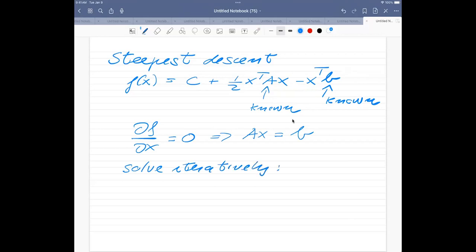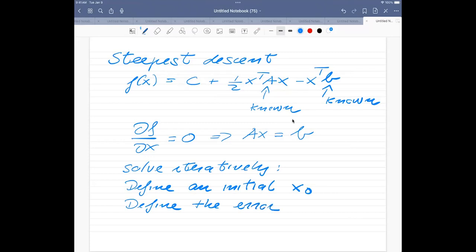The way we would solve it iteratively is first that we define an initial value, x0. We would also define what's called the error, or what you might call the remainder.